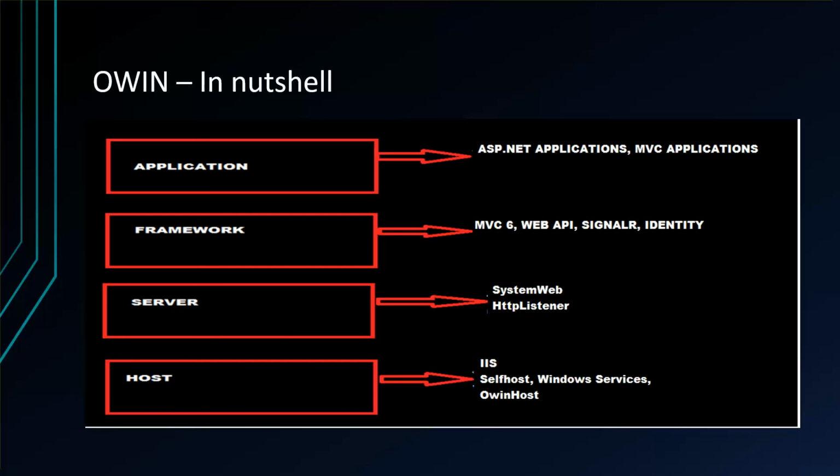So in a nutshell, applications are ASP.NET applications and MVC applications. The frameworks are MVC6, Web API, SignalR or Identity. Servers are System.Web and HTTP listeners. Hosts are IIS, self-host, Windows services, or even an OWIN host.